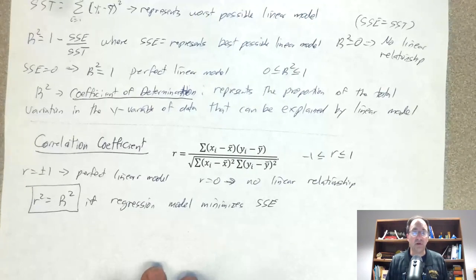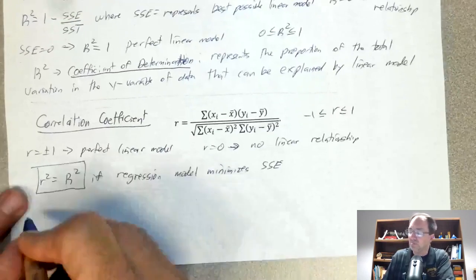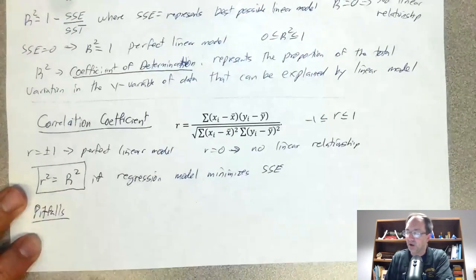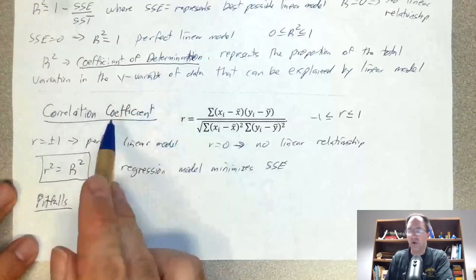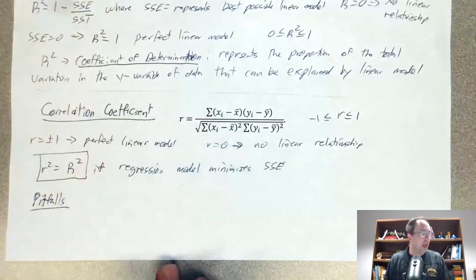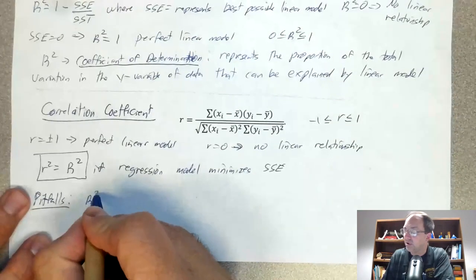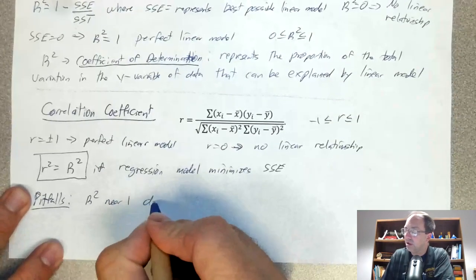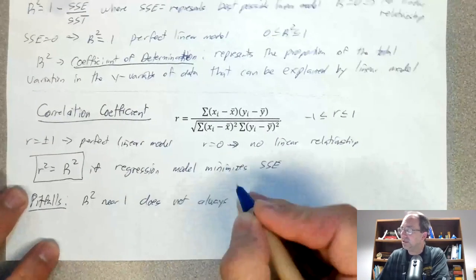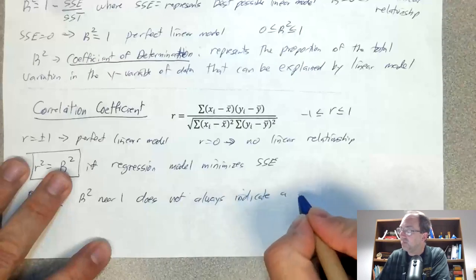But before we move on to another example, I did want to say a little bit more about some pitfalls of this coefficient of determination. We're going to focus on that one, although what's true for one is generally true for the other. And the main pitfall is that an r squared near 1 does not always indicate a good model.